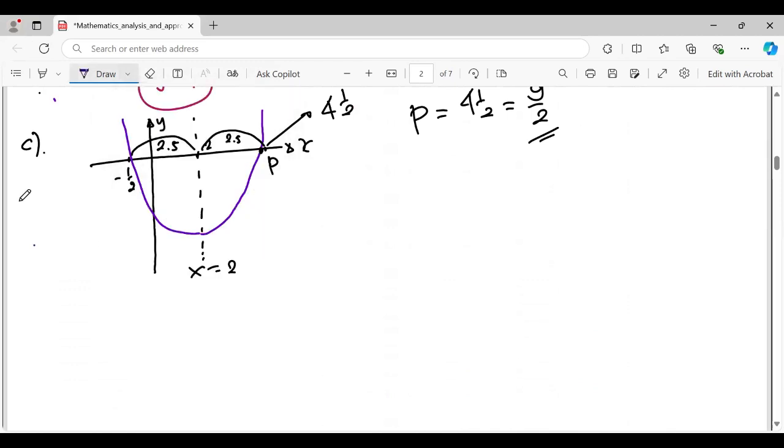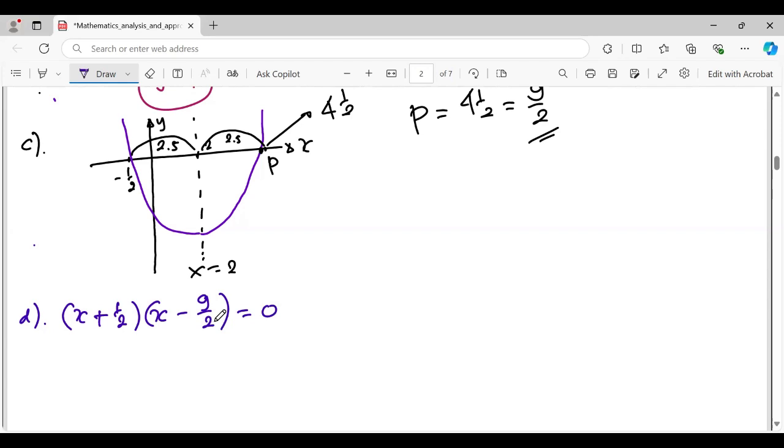So the two roots of this quadratic function are minus half and 9 over 2. It means (x plus half)(x minus 9 half) equals 0.